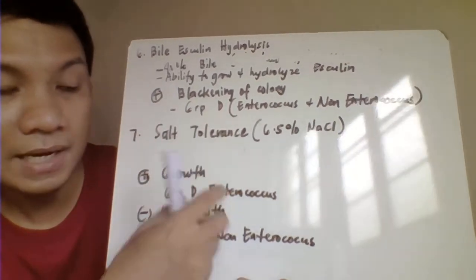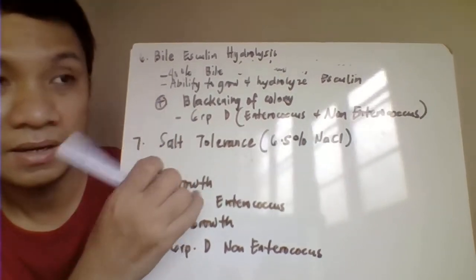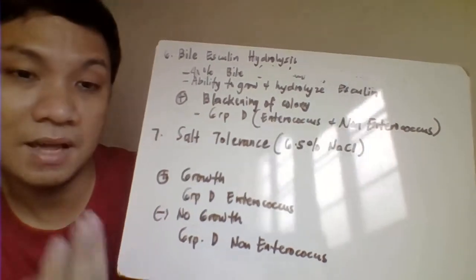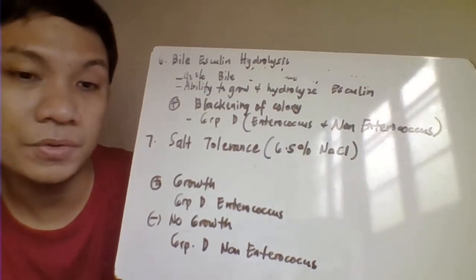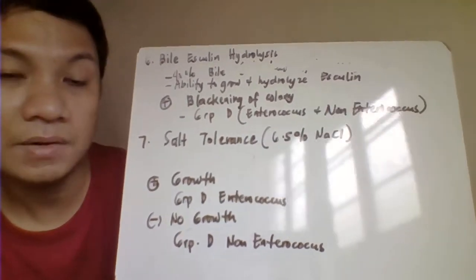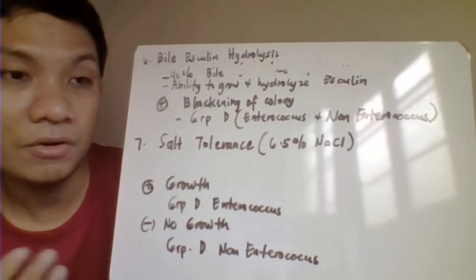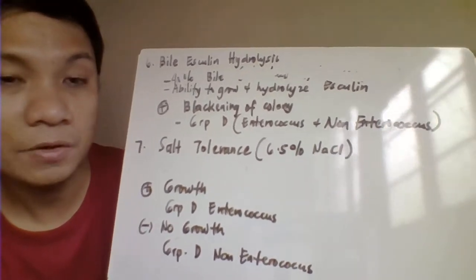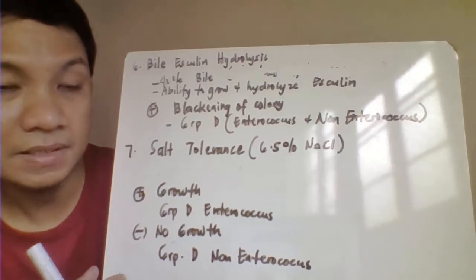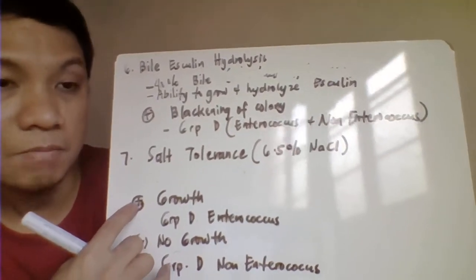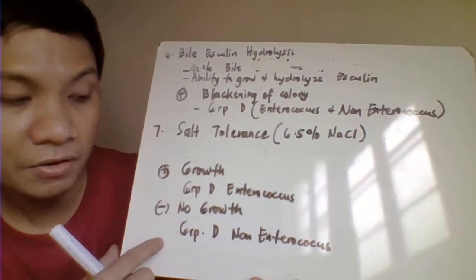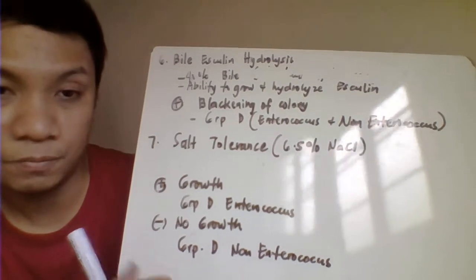So to identify your group D, first use bile esculin hydrolysis, but both the non-enterococcus and enterococcus are able to grow in bile and hydrolyze esculin. To differentiate the enterococcus from the non-enterococcus group D, perform salt tolerance: the enterococcus is able to grow in the presence of 6.5% sodium chloride, but the non-enterococcus will not be able to grow.